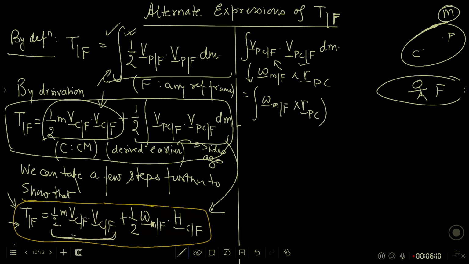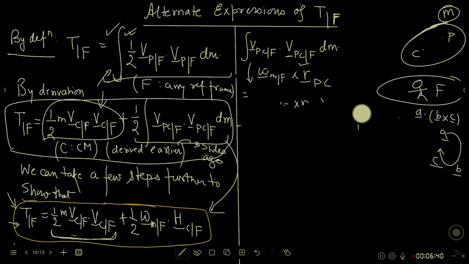And I would like to take omega MF outside. So again, that A dot B cross C, we will change the order of A, B and C. In that way, I think I should replace the second one here. That will give me a more familiar expression. I would rather write it like this.